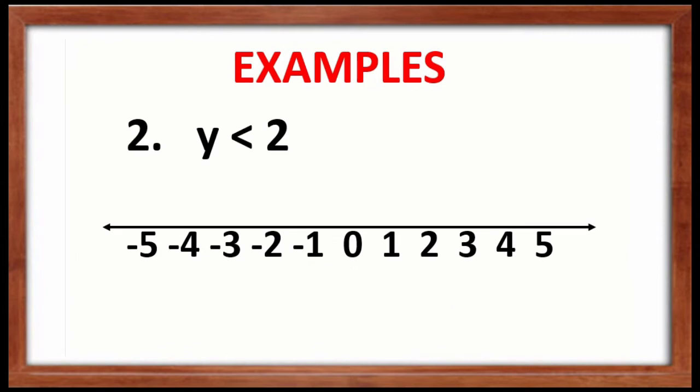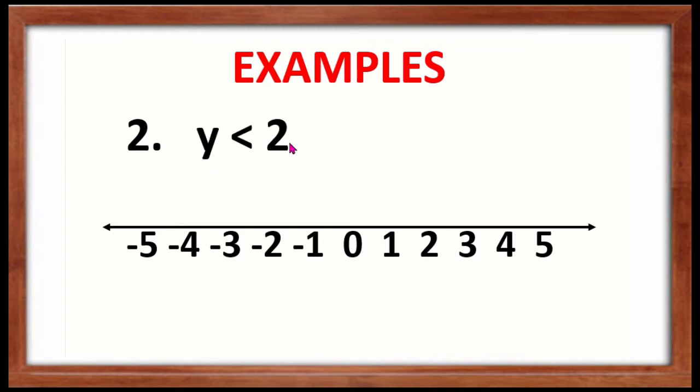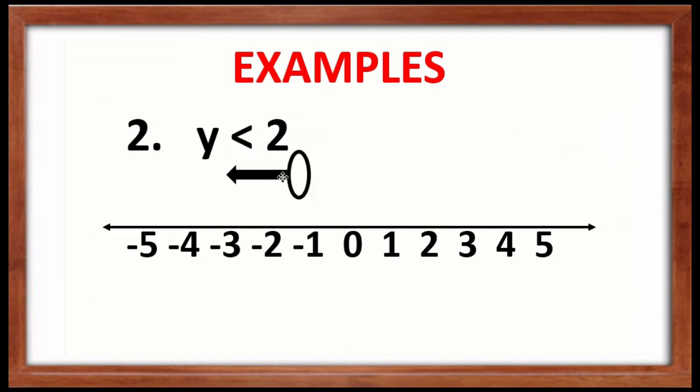Okay, example number 2, we have y is less than 2. As we can see, we use another variable, which is the y variable. And the inequality symbol, the nose of this symbol is going to the left. Therefore, the symbol that we are going to use is this one.